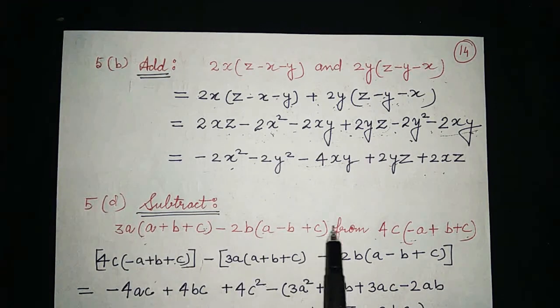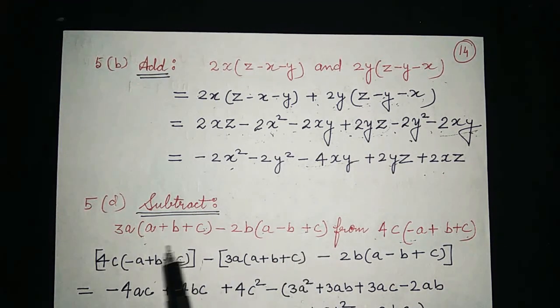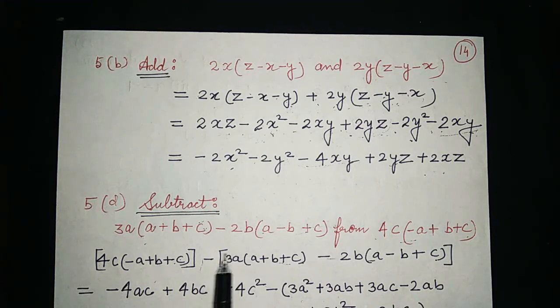Now we will write this expression 3a into (a plus b plus c) minus 2b into (a minus b plus c). This also we will close in a square bracket. You can see that we are doing subtraction here, so it is very necessary to put both the expressions in brackets, because if we do not use brackets, we will not get the correct result.